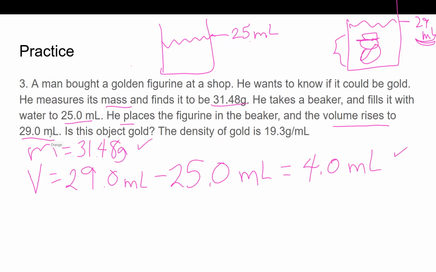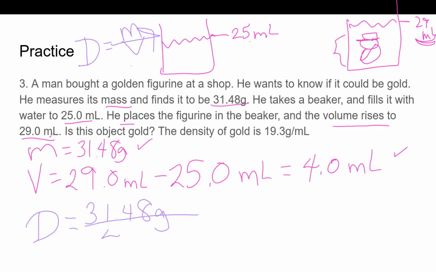So now you have your mass, you have your volume. What is your formula? Remember, density equals, draw your heart, draw your arrow, shooting the heart. Play the song in your head. So density equals your mass, just 31.48 grams, divided by 4.0 milliliters.